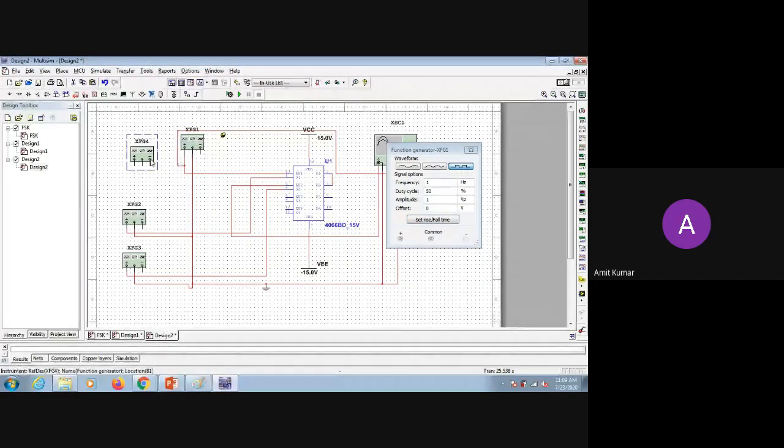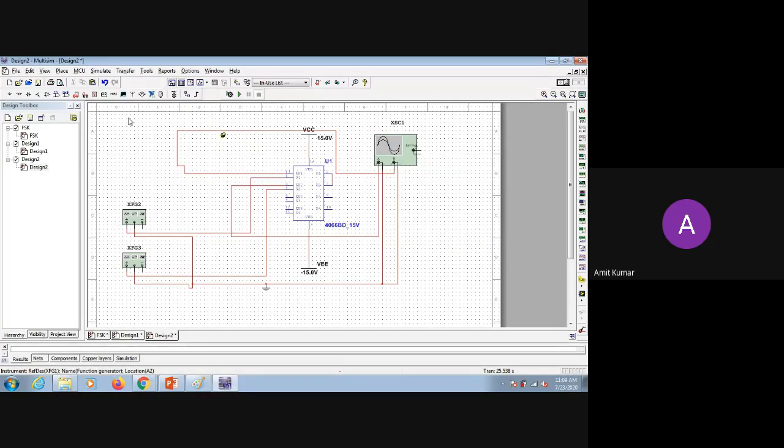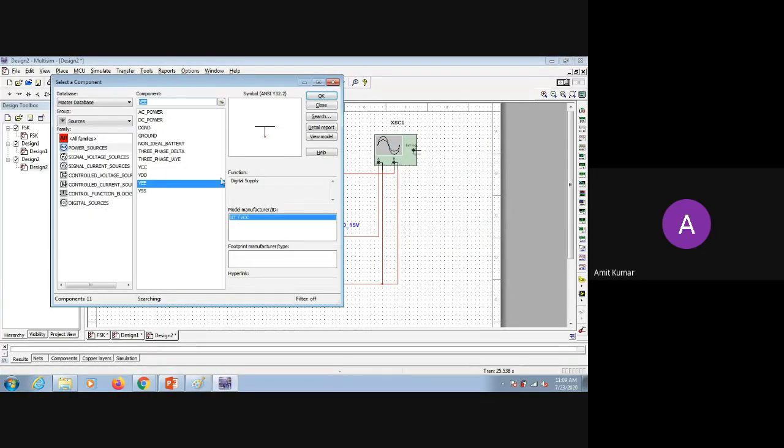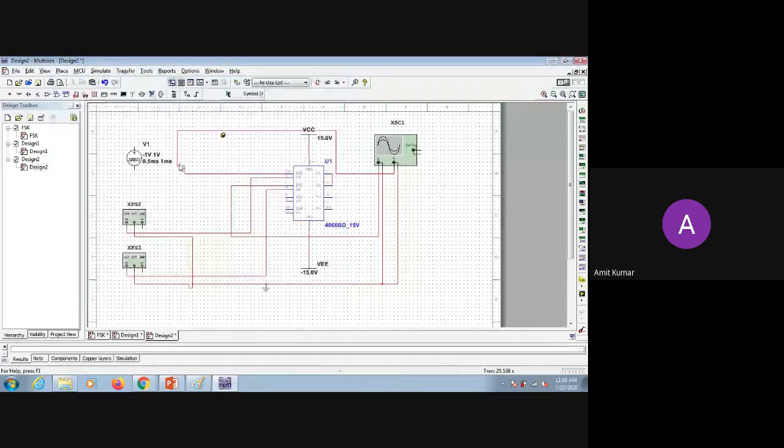So instead of function generator, we will replace it with pulses, so that we can change the amplitude.